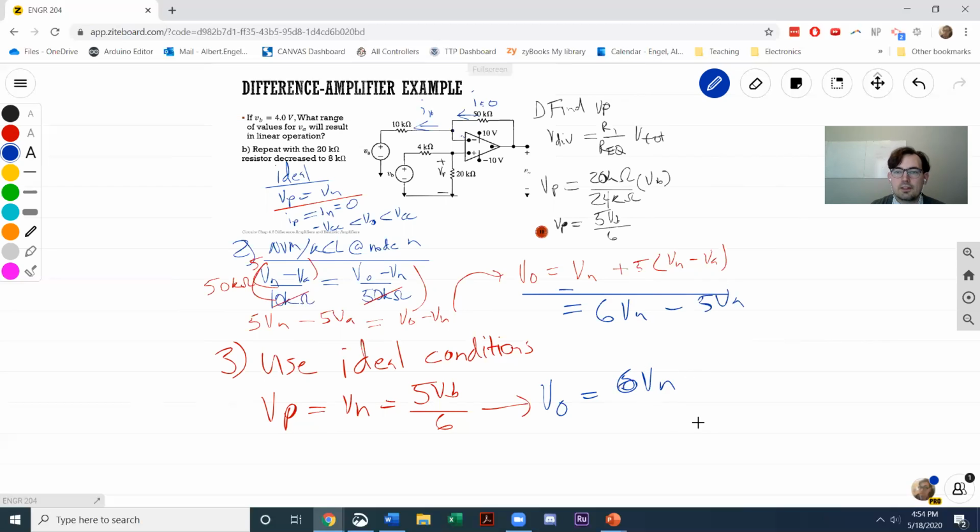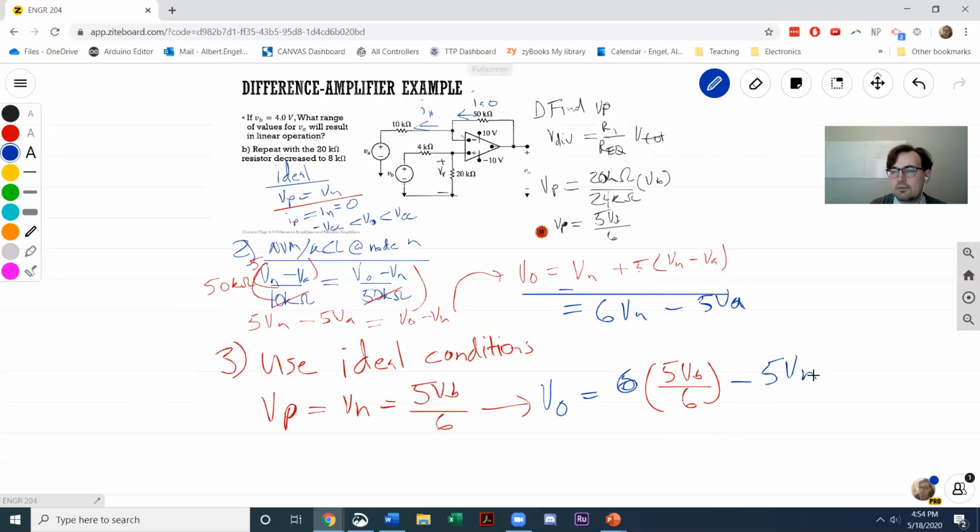So if I make this 5 times 6Vn, I can actually just replace this and make my life a little easier. And look at that. I'm not really into conspiracy theories, but it looks like they made the math easier on us for some reason, right? So I can simplify this, and this just becomes 5Vn.